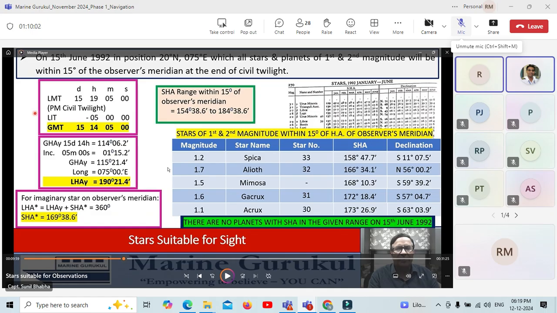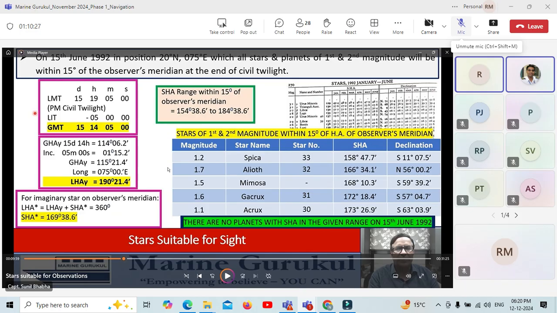Sir, I didn't get it. Can you repeat again, sir? Okay, beta. You have an almanac with you? Yes, sir. Go to 15th June 92, beta. On the planets page, come to the bottom of the page and go to the right corner. Can you see the SHA of the 4 planets? Yes, sir.